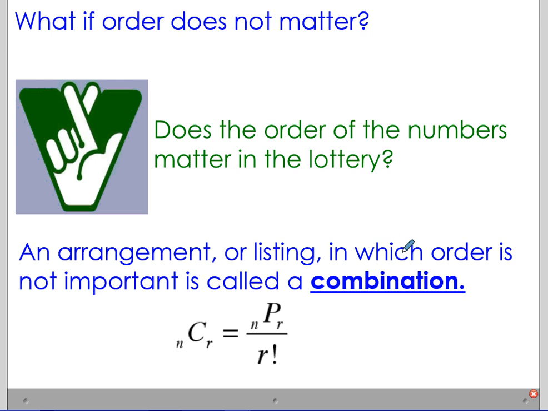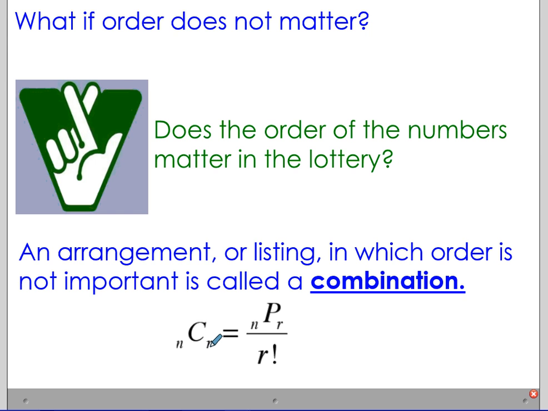So an arrangement or listing in which order is not important is called a combination. And here is the formula. You would access it in the same area as you would your calculator for the permutation. The only difference is instead of picking the nPr, you would pick the nCr.